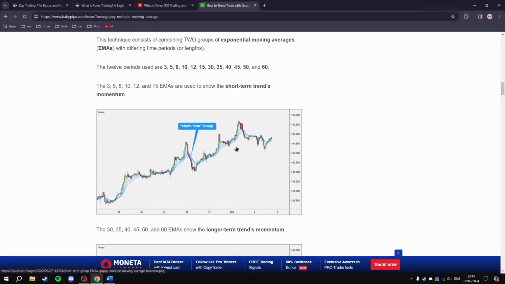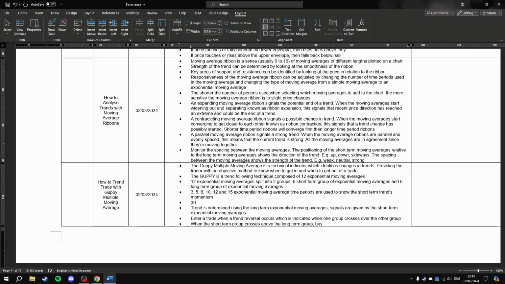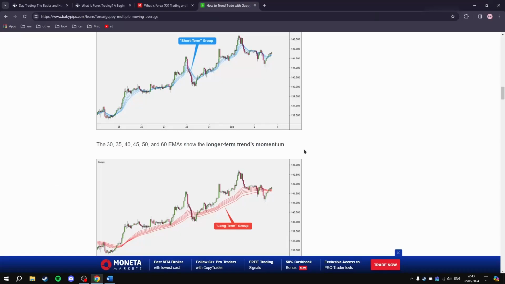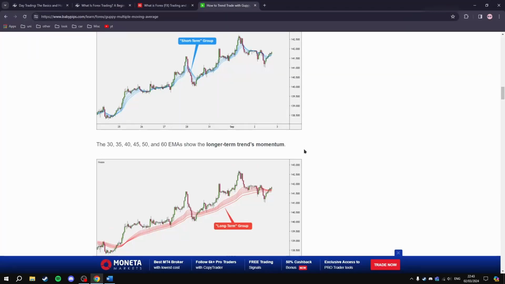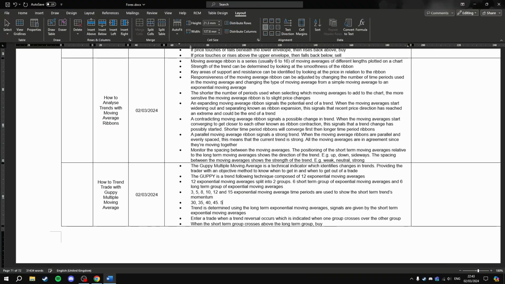30, 35, 40, 45, 50 and 60 exponential moving average time periods are used to show the long-term trend's momentum.